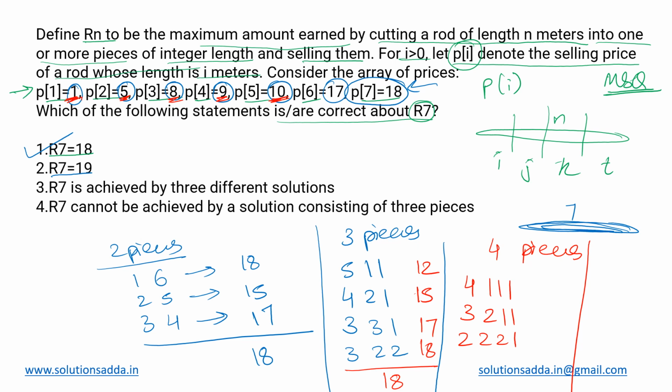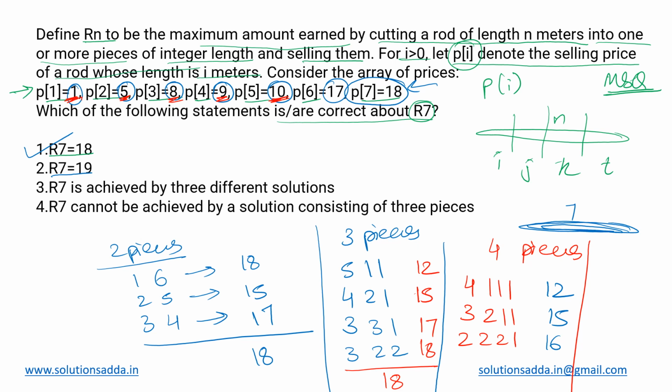Now again for each of them, let us see the profit. 4 1 1 1 will give us 9 plus 3, 12. 3 2 1 1 will give us 8 plus 5, 13 plus 2, 15. Then this 2 2 2 1 will give us 15 and 1, 16. So again the highest till now which we have got is 18.